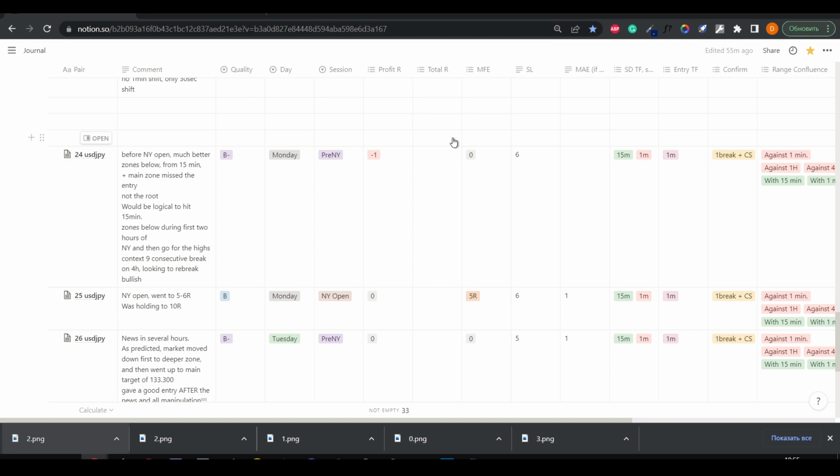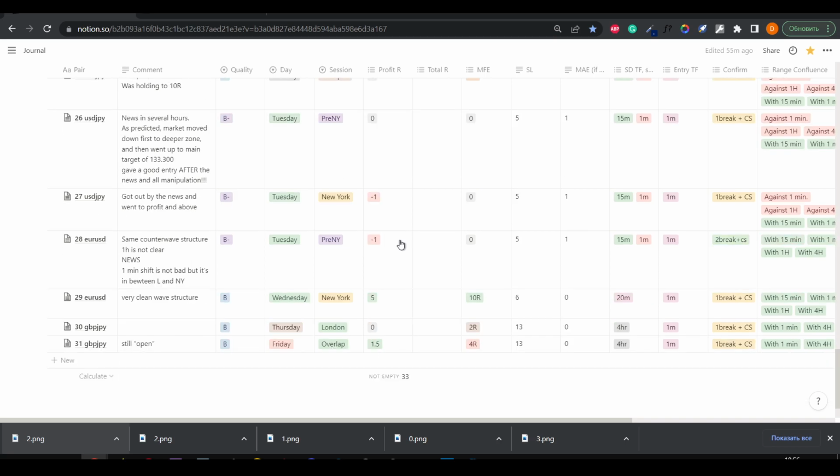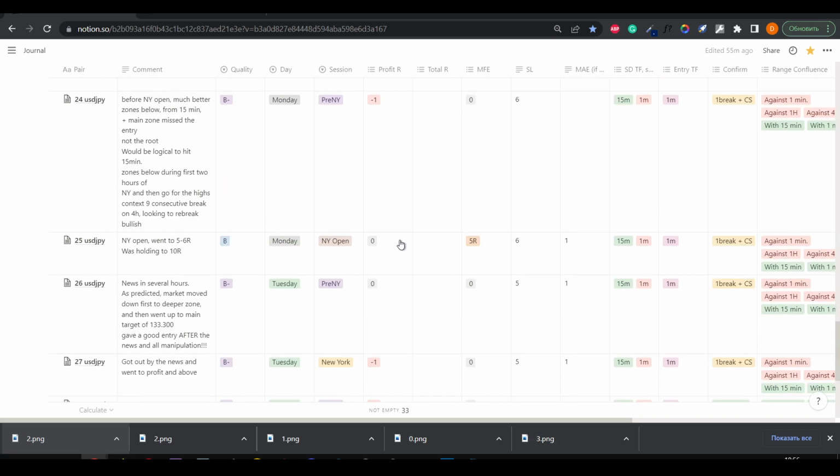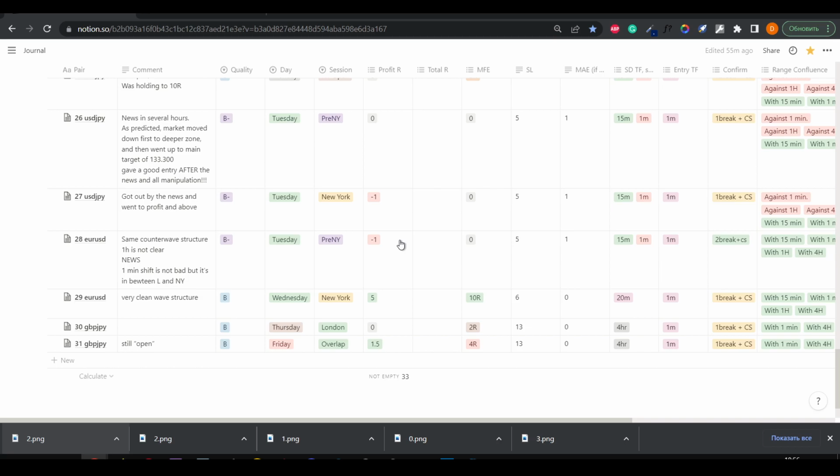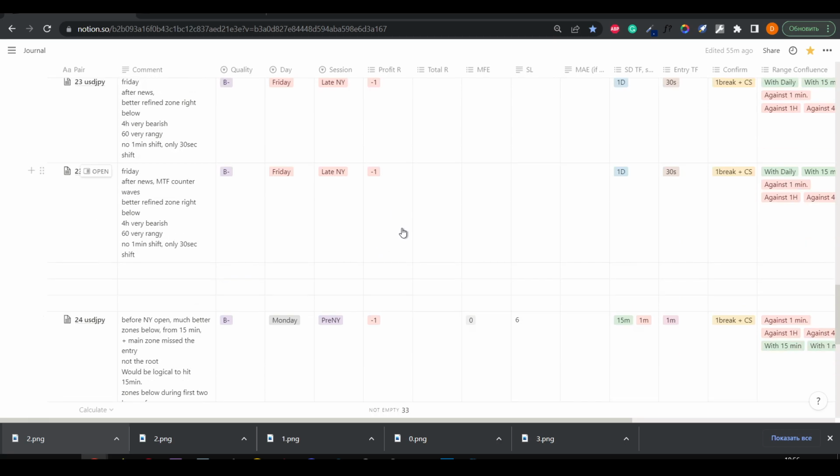When you have a zone that the price is actually in right now, and you are in the London session, and you know that there is an even better zone just a bit above or a bit below your zone, and the New York session is coming, then usually it means that the price will go there. So maybe it means that you want to skip the entry. And overall, from the previous 2 or 3 weeks, for me personally, there were a lot of entries that I better didn't take, and it would have saved me a number of losers.